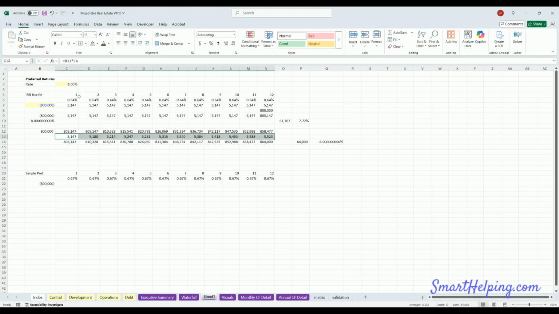Here, if we only give the cash in month 12 and we're not distributing these cash flows and it's just compounding, then yes, your amount due is the same as if you were to do it on a simple pref. Because, well, you didn't give any money, so there was zero weight in the first 11 months. In month 12, you actually paid the full amount due, which is 8%.